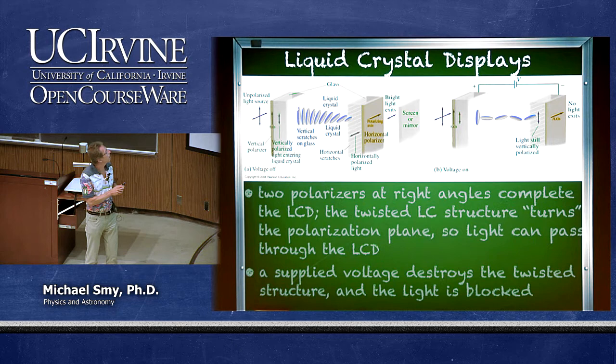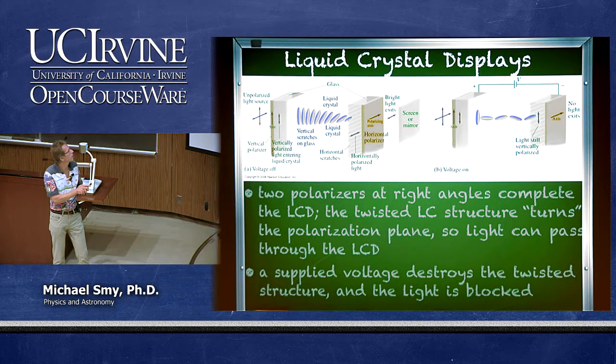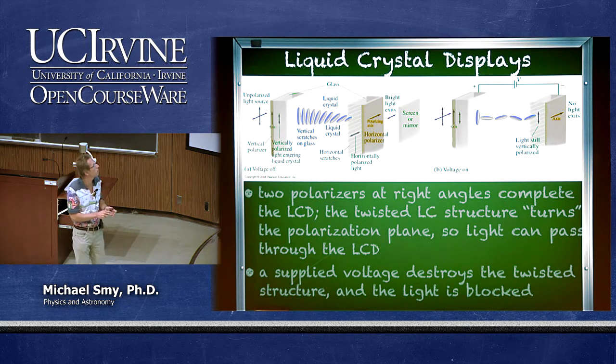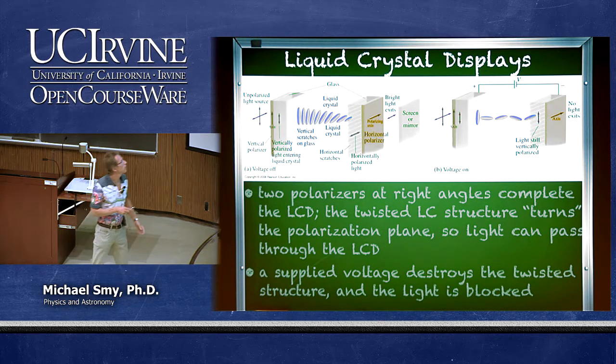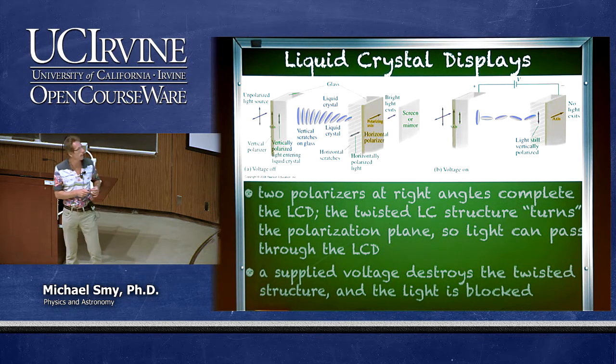So basically we have kind of like a whole bunch of polarizers, and if we now put an explicit polarizer on either side with the axes aligned with those of the scratches, then light will get through because the polarization of the light, which is originally vertical, will be rotated by this twisted structure until it's horizontal, and then it goes through the horizontal polarizer just fine. So as long as we leave this structure alone, light will be able to pass through the LCD.